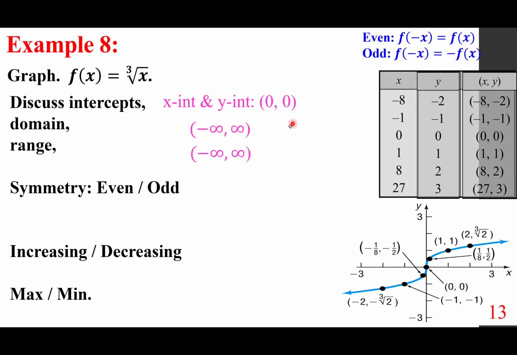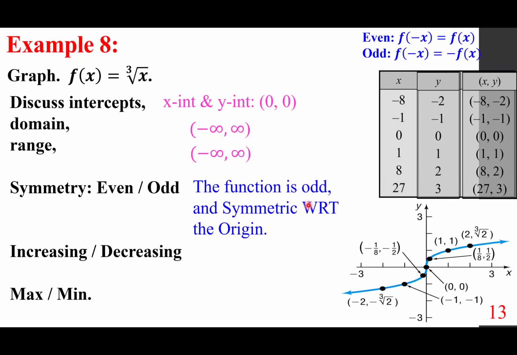Is it even, odd, any of those? The function is odd and symmetric with respect to the origin. Why is that? Let's evaluate f of minus x. Let's replace the x with minus x. What do we get? f of minus x becomes cube root of minus x.